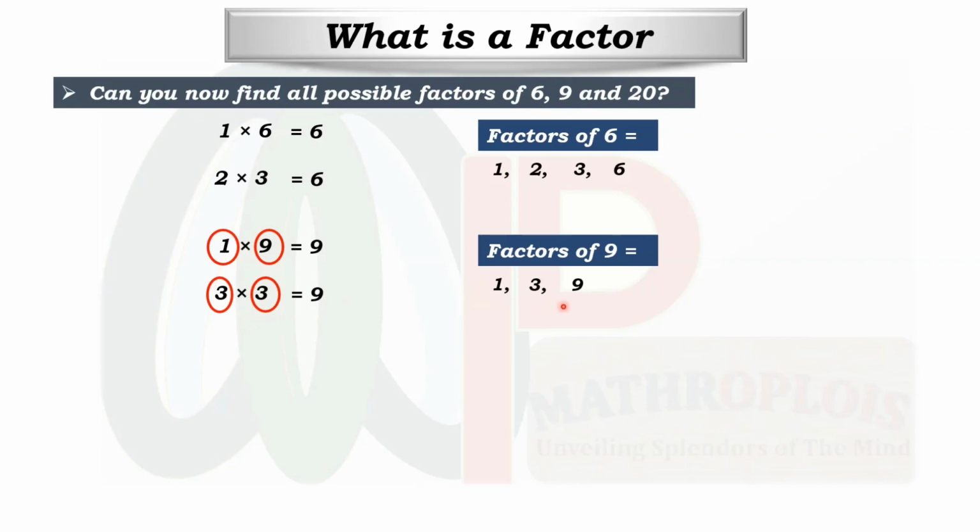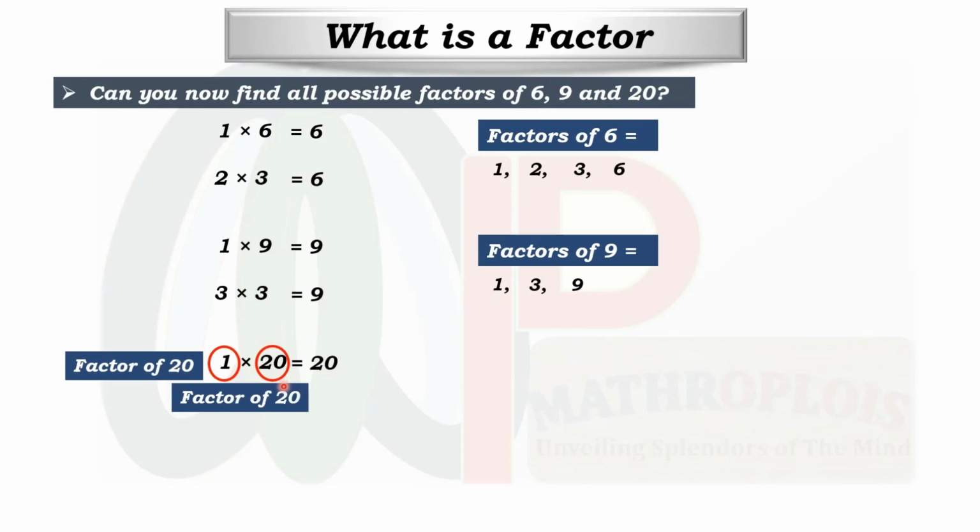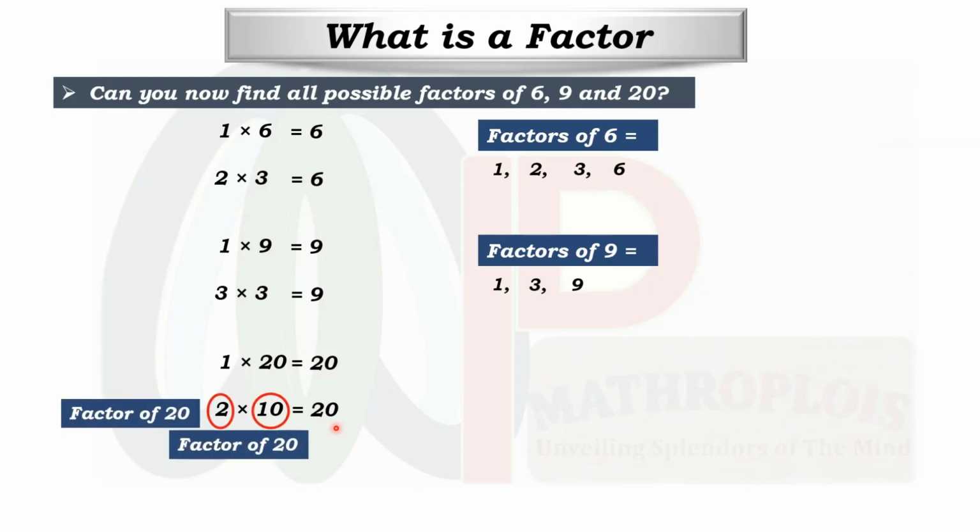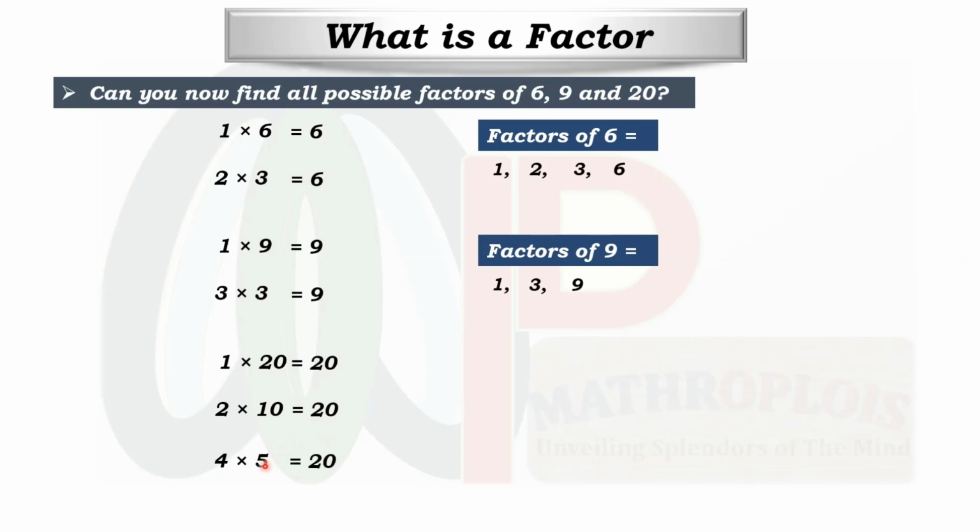Now, we will find all possible factors of 20. 1 multiplied by 20 gives us the product 20, so 1 and 20 are factors of 20. 2 multiplied by 10 gives us the product 20, so 2 and 10 are factors of 20. 4 multiplied by 5 gives us the product 20, so 4 and 5 are factors of 20.